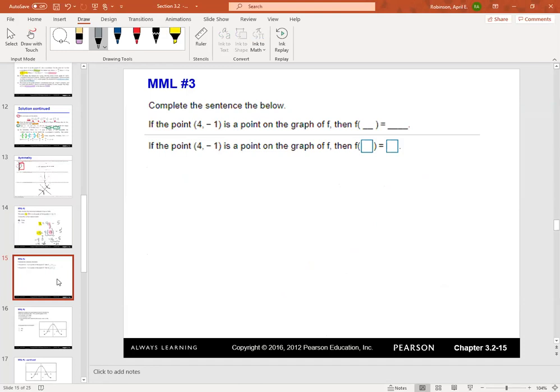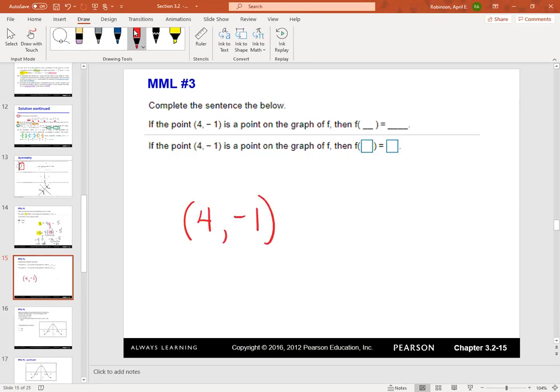Complete the sentence below. If the point (4, -1) is a point on the graph of f, then f of blank equals blank. All they're having you do here is change your ordered pair into functional notation.